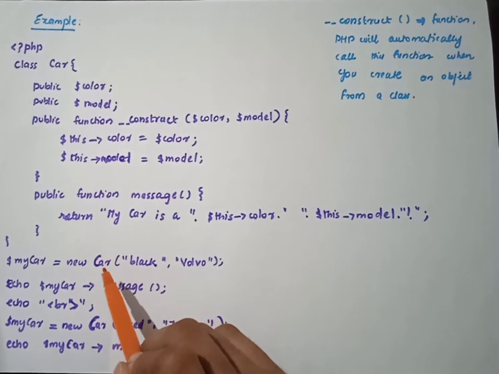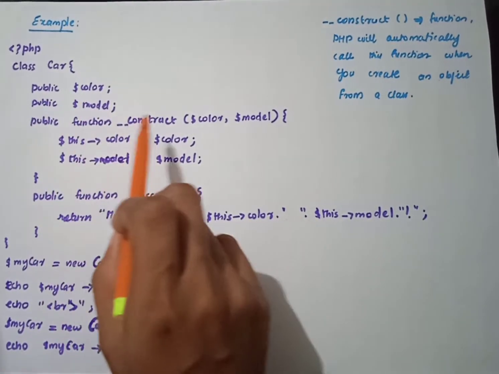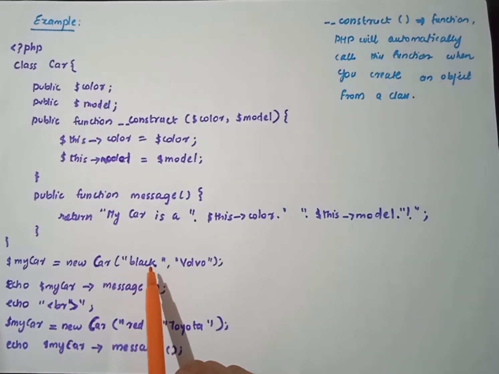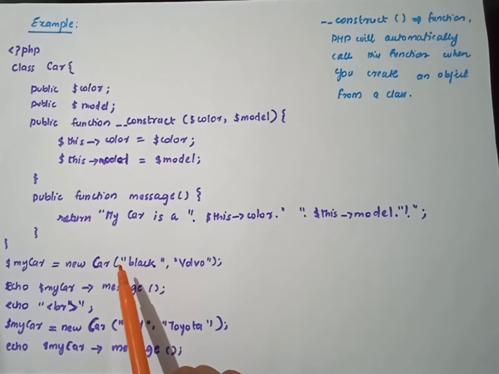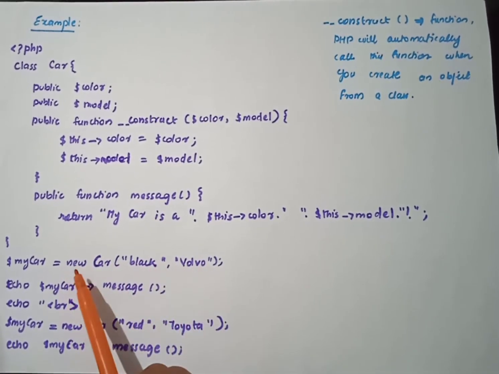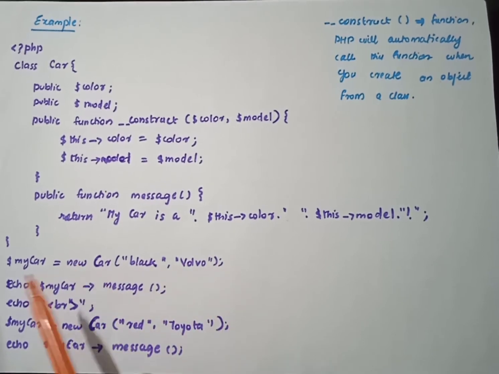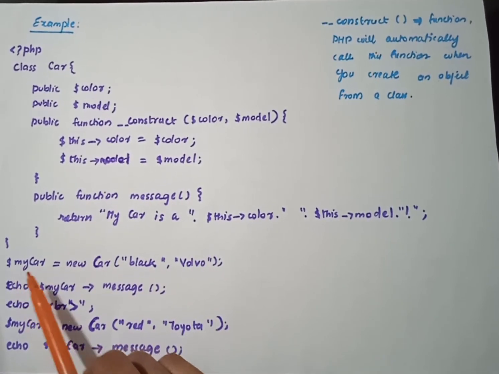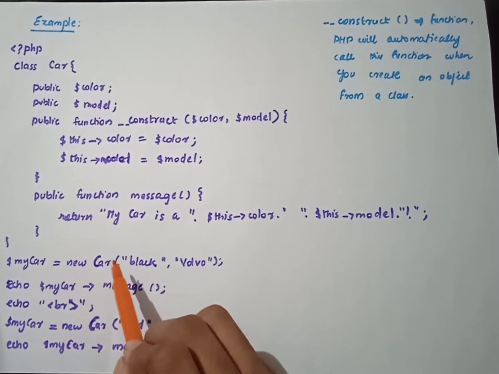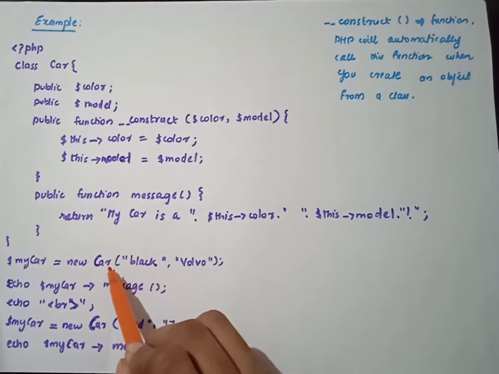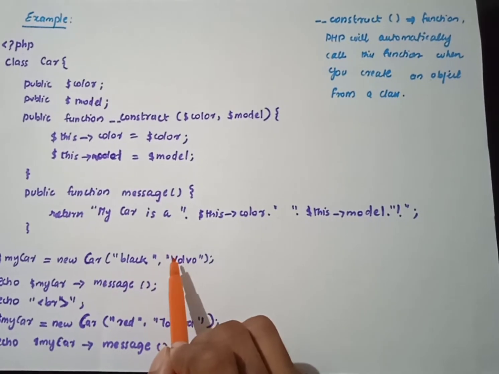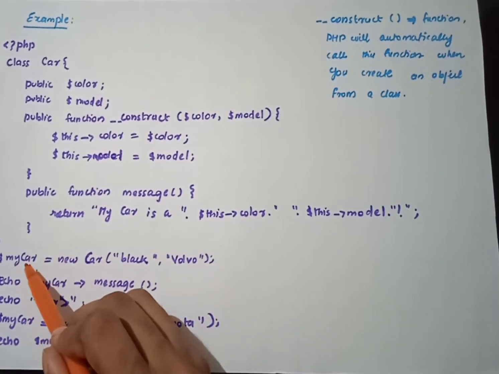This car having the variables or the inputs will be called and will be collected to these values like black and Volvo. So firstly, this is one way you can give these values to my car. Then it will store the values from the car having the input data or the attributes such as black and Volvo to the my car variable.